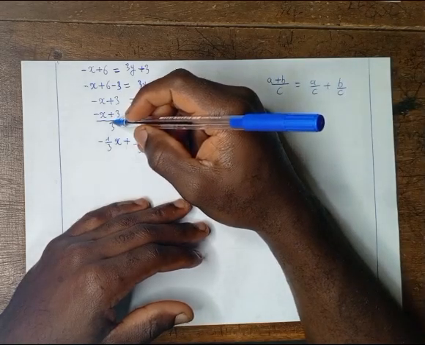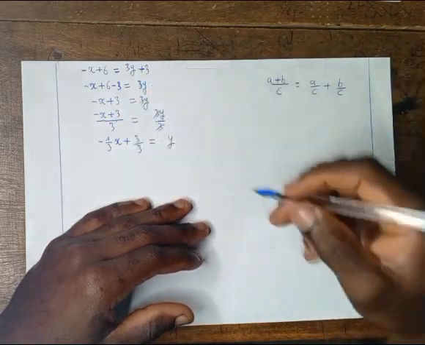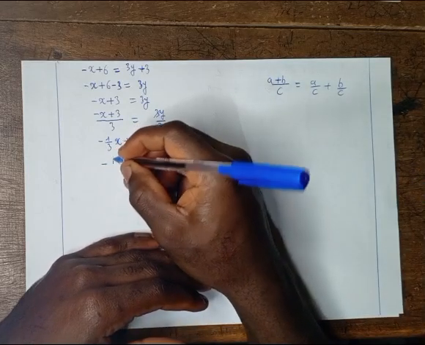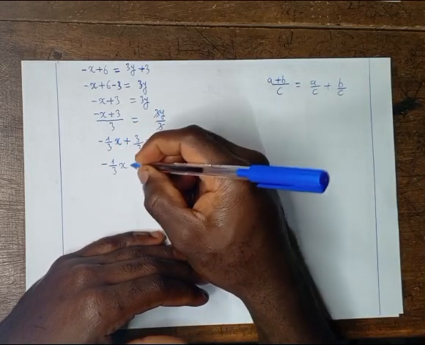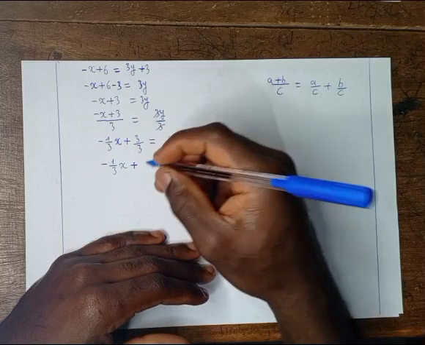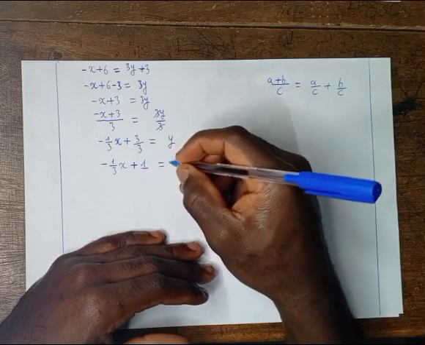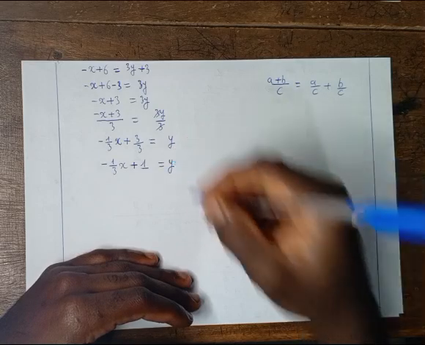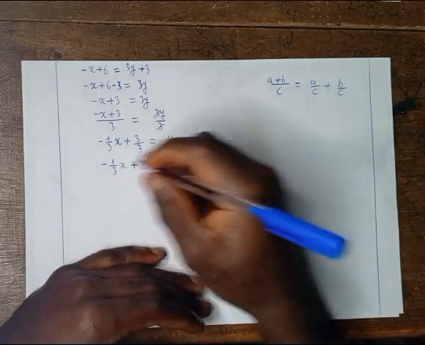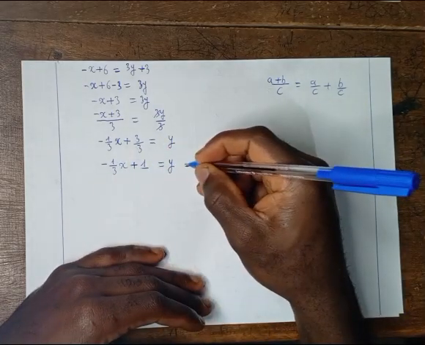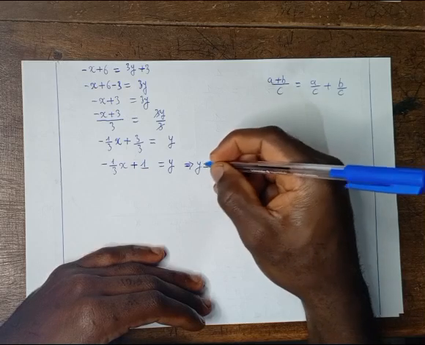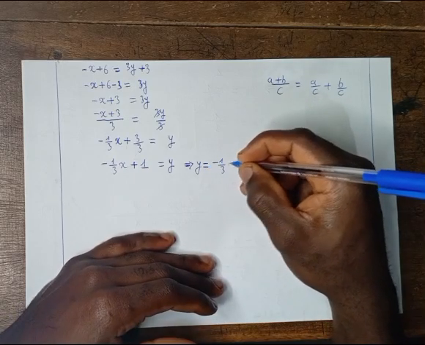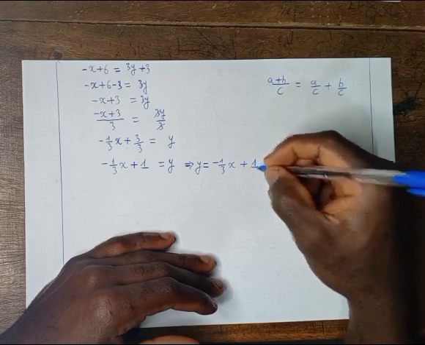So this is simply what I have applied here at the left hand side. This will give us negative 1/3 x plus 3 divided by 3 gives us 1 is equal to y. We are going to obtain y equal to negative 1/3 x plus 1.